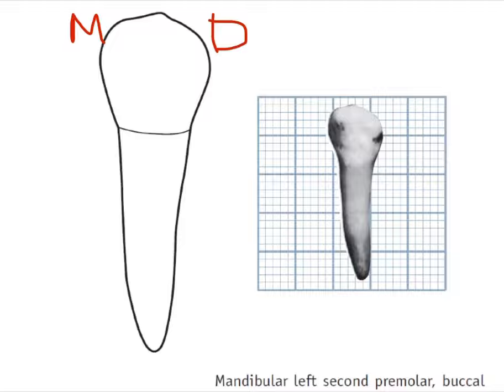We will draw as usual, paying attention to the cusp tip and the mesial and distal contact areas. At first, we will draw the midline as well.